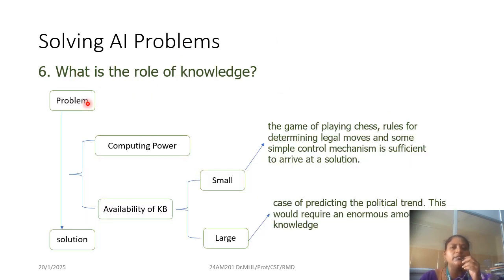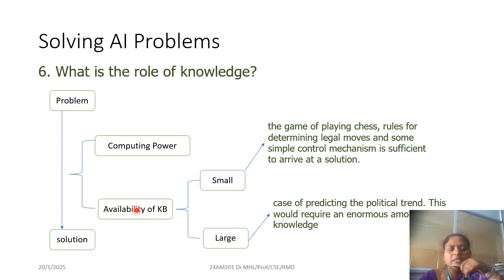Our next aspect is: what is the role of knowledge? I have a problem. We need to find a solution for the problem. For finding a solution, to make it much better, we exploit computer power. The enhanced AI systems now have the availability of a knowledge base and hence it is helping us to solve problems very quickly.